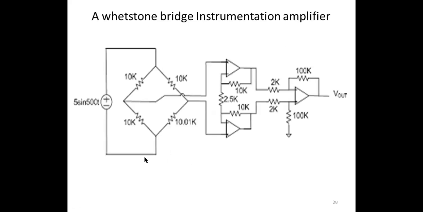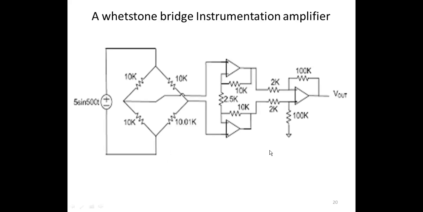So that's why we are using these two additional op-amps with the difference amplifier in order to improve the input impedance of the instrumentation circuit.